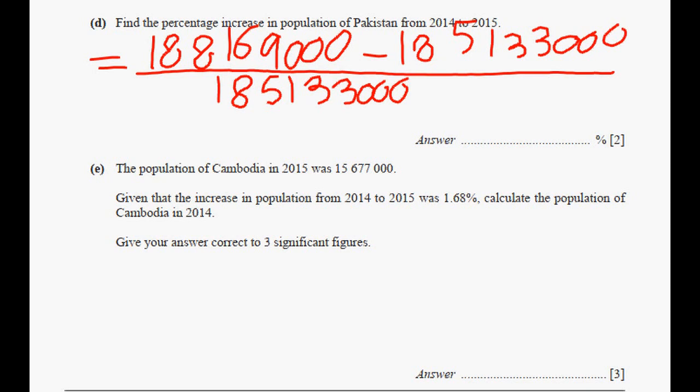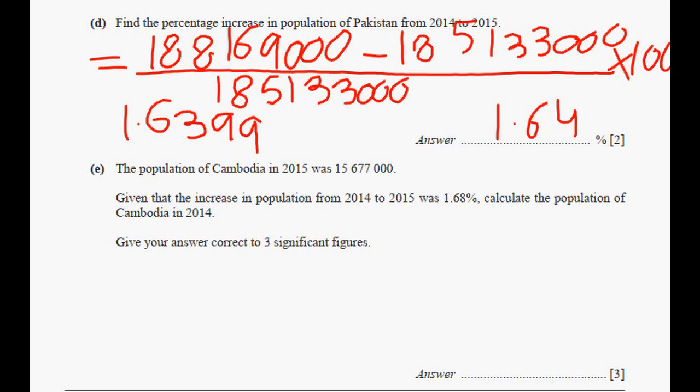Divided by the original population. So the original population was 185,133,000. So in the numerator we have the increased population, in the denominator we have the original population times 100. This will give us 1.6399. Since we have to give our answer in 3 significant figures, the final answer will be 1.64%.